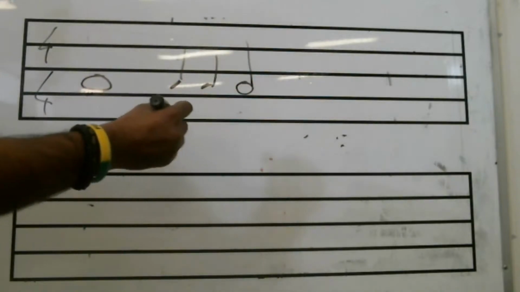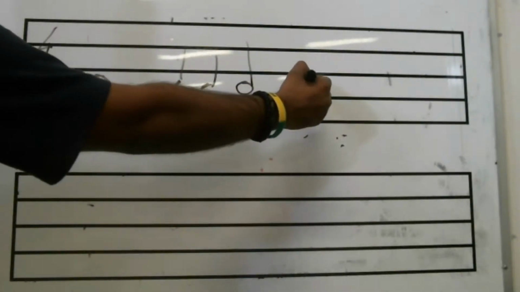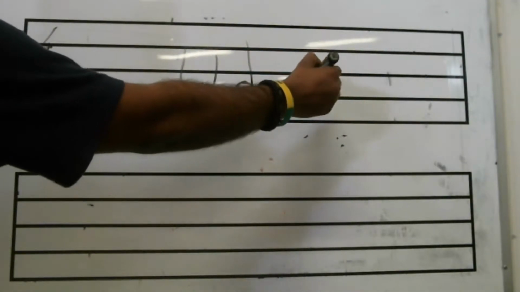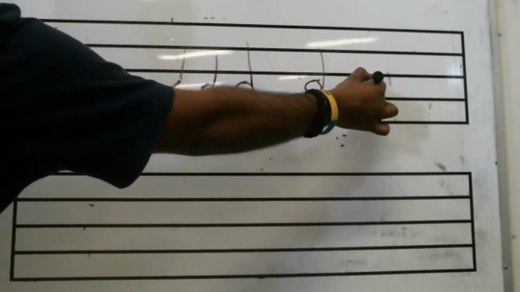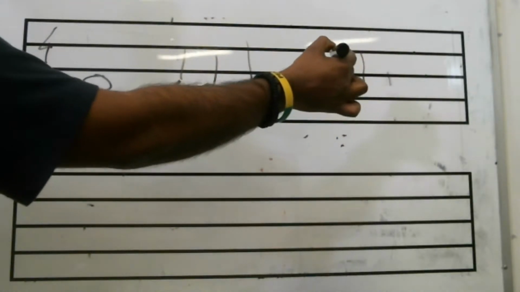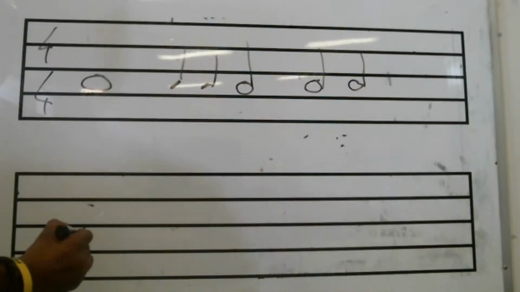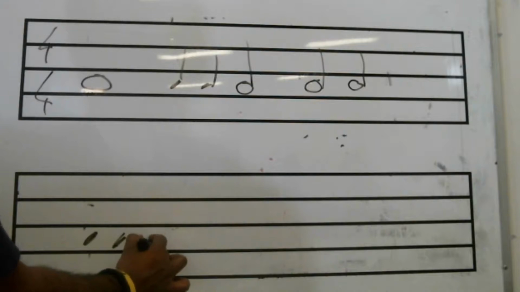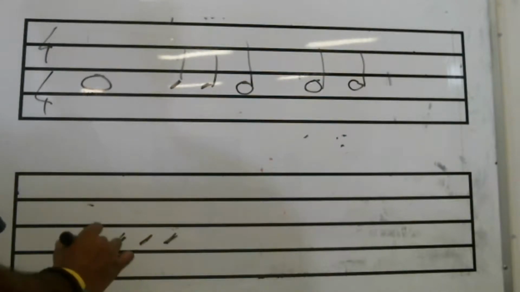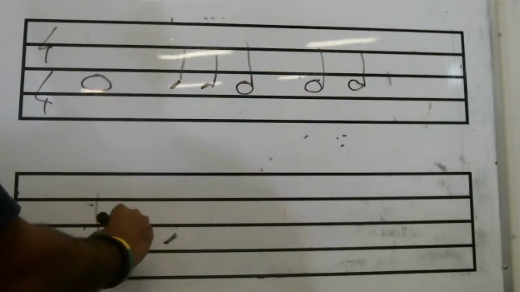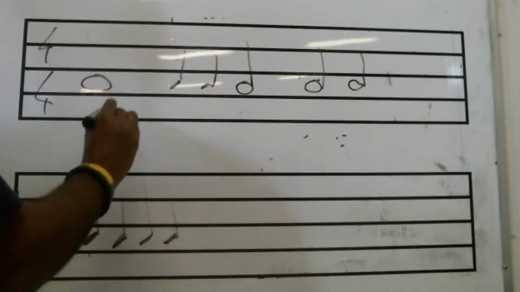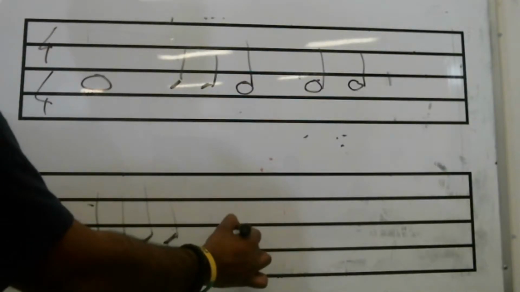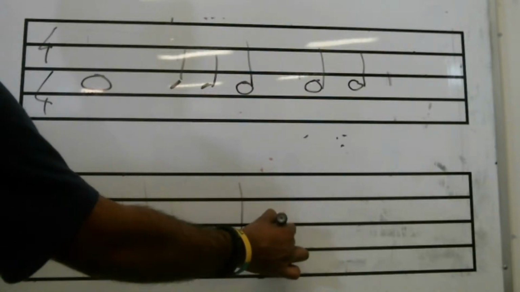Then I'm going to put that, and that. Then I'm actually running out of space, so I'm going to put it down here. I'm going to continue on from down here. That. Followed by that and that.